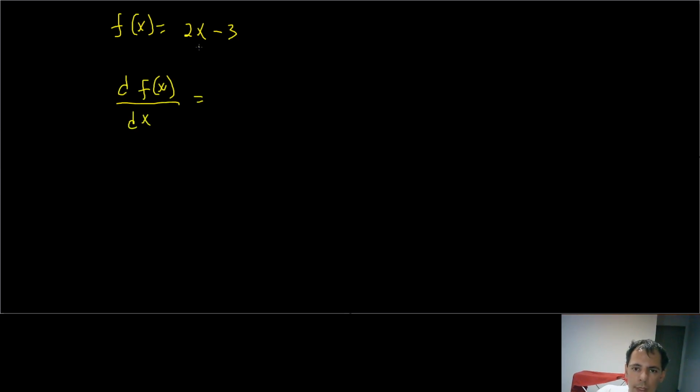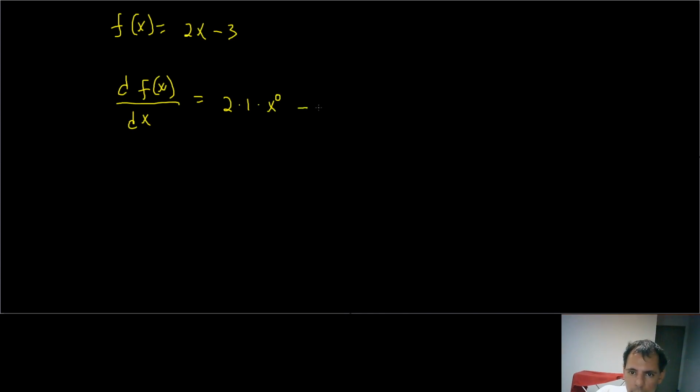What's it going to be? Well, you have 2 times x to the 1 here. So all you got to do is multiply this stuff, okay? So you have 2. What's going to be the power here? The power here is 1. So 2 times 1 times x to the 1 minus 1, which is 0. Okay.